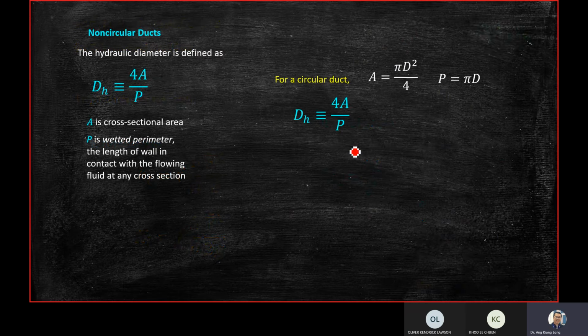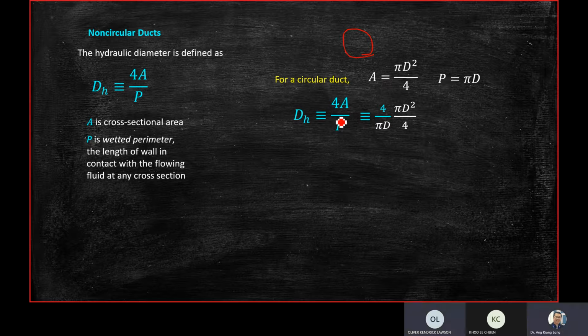So this is just a derivation to prove what happens if you have a circular duct. For a circular duct, your area is pi r squared, or pi d squared divided by 4. Your perimeter for the circle is pi d or 2 pi r, correct? Agree with this equation?